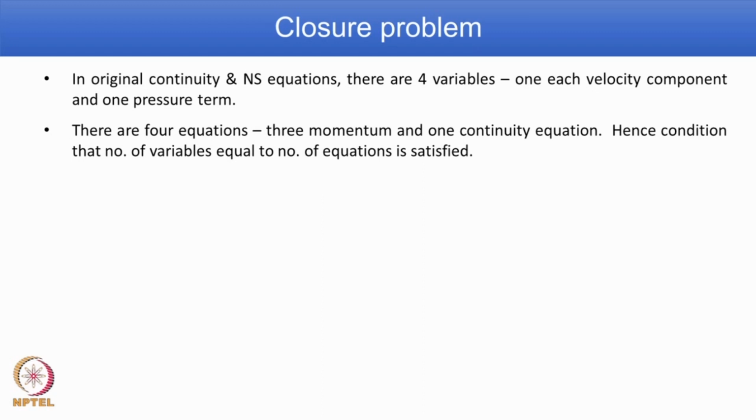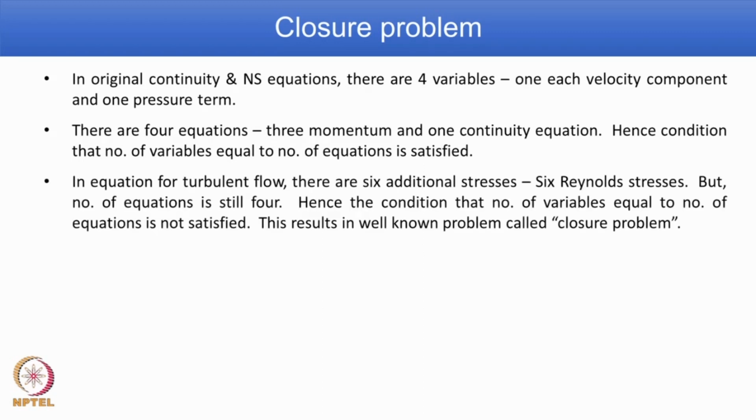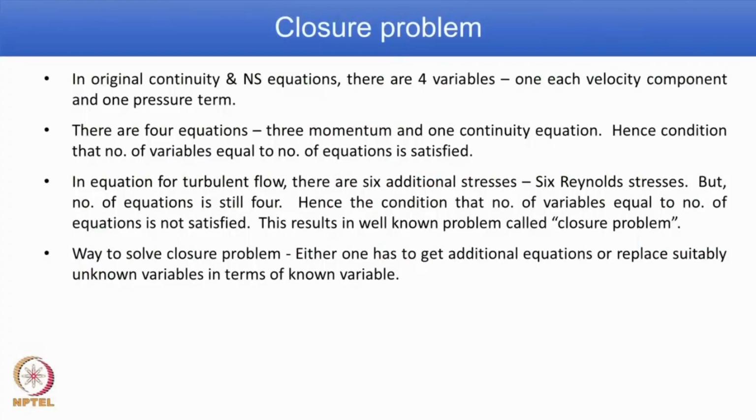So the number of equations equal to the number of variables is satisfied. In turbulent flow, we have additionally 6 stress terms, whereas the number of equations remains 4. Hence, we have a total of 10 variables but only 4 equations, hence it becomes a closure problem.